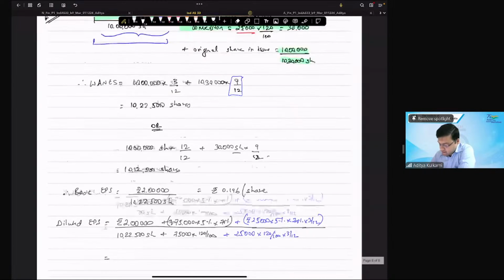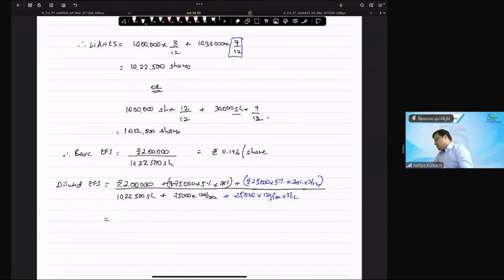So this comes to how much? 2 lakh plus 2625 plus 218.75. That's right, so you can take it as 219.